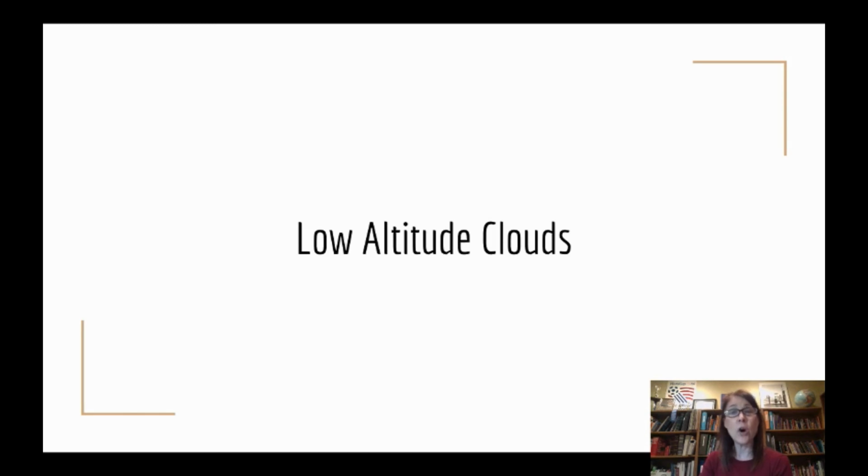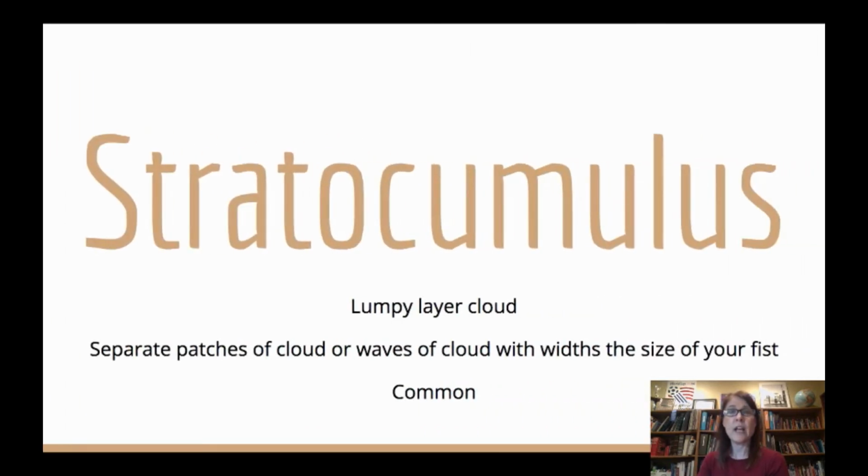Lastly, our low altitude clouds. If you recall, what is the key word for low altitude? That's right, there wasn't a key word for low altitude. So our low altitude clouds are named for the way that the cloud appears. A stratocumulus. Let's think about what these key words mean.